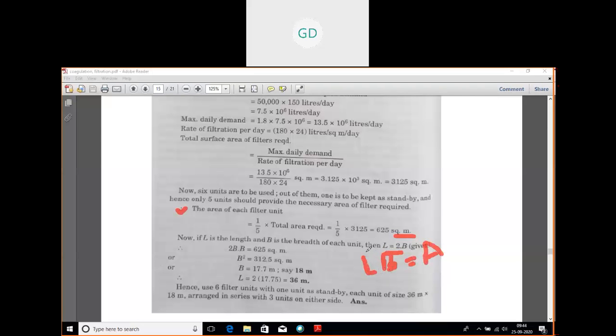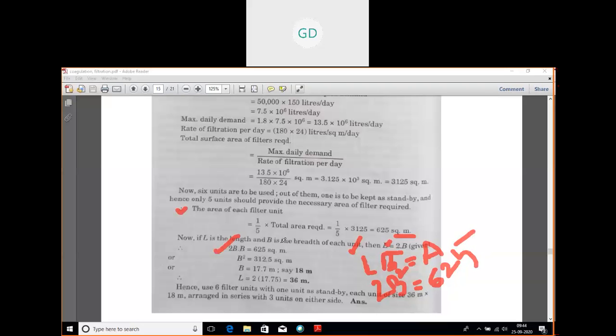In place of L you can put 2B, because L is equal to 2B. Then one B is already there, so it will be 2B square, and the area we got is 625.